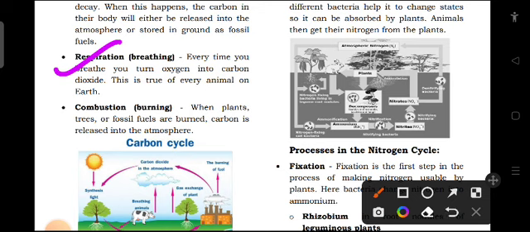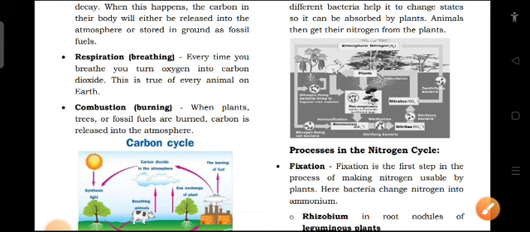Every time you breathe, you turn oxygen into carbon dioxide, and this is true of every animal on the earth. For example, all the animals, including human beings, give out carbon dioxide during breathing. So only plants during photosynthesis take in carbon dioxide. All other things keep on releasing carbon dioxide to the atmosphere.